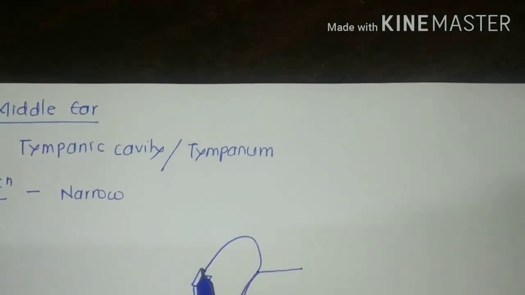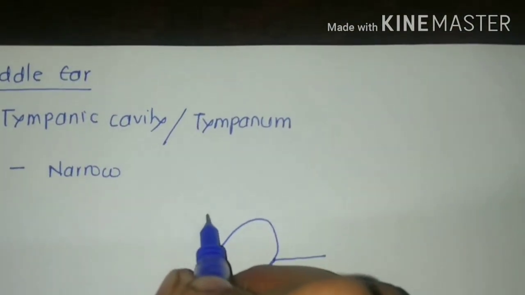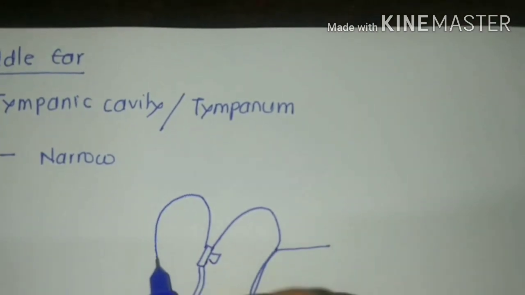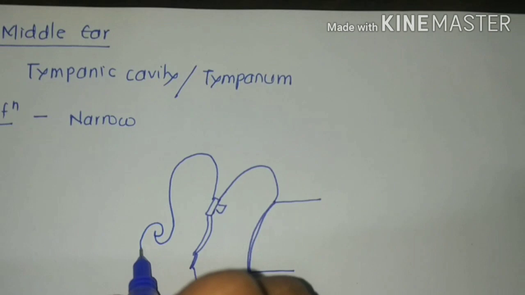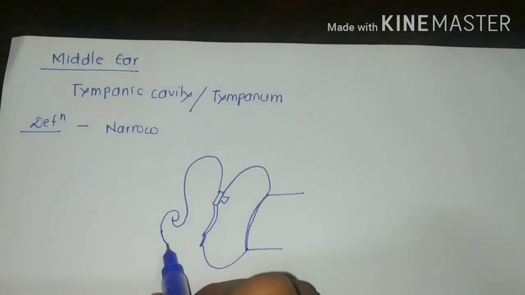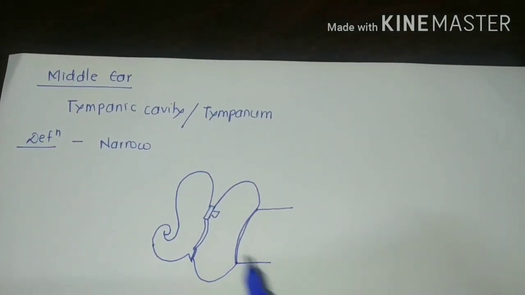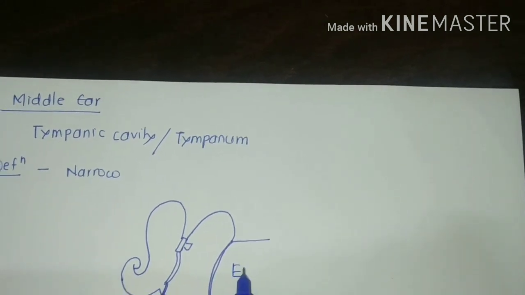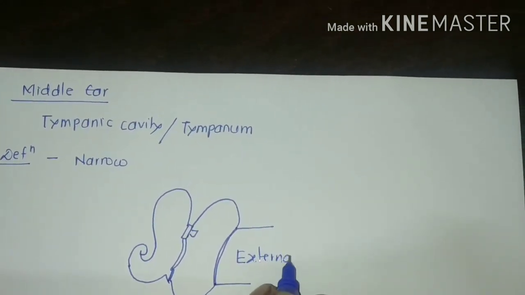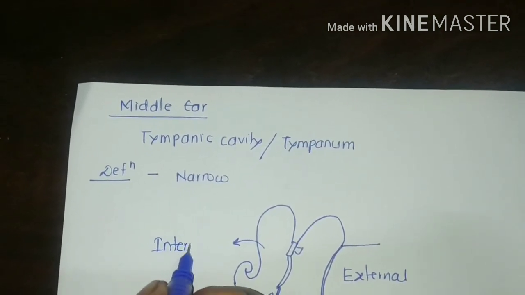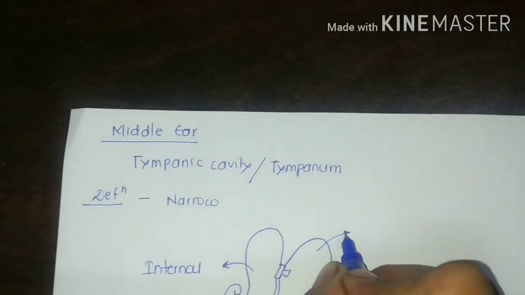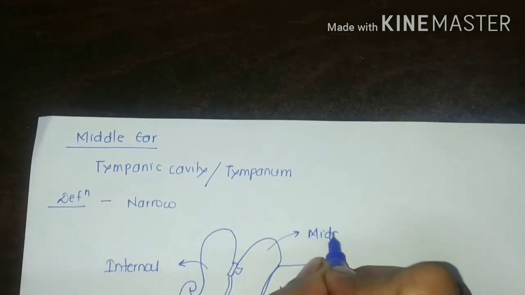Now inner to it lies the internal ear. The details of the internal ear we will see later on. So we know now that this is the external ear, this is the internal ear, and this is our middle ear.